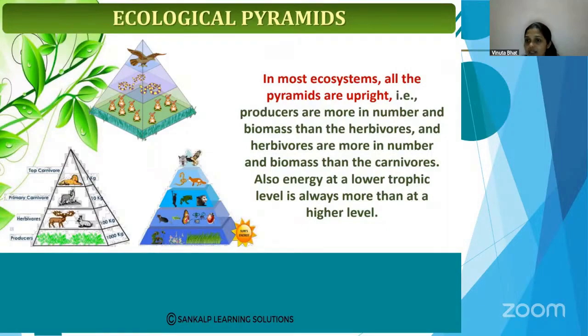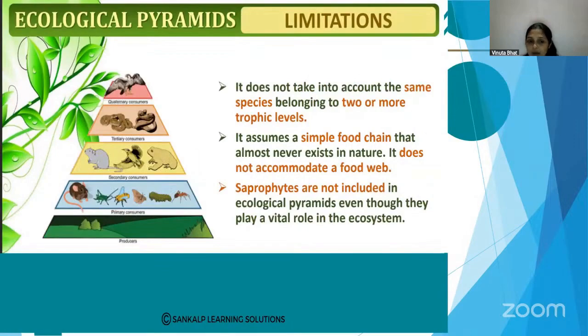So energy is more at the basic trophic level, the producer level. Biomass is also more compared to the herbivores and others, and the number is also more. So you can see three different types of pyramids and also inverted pyramids.